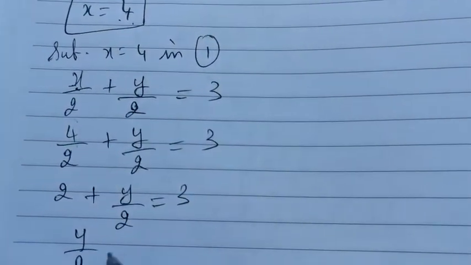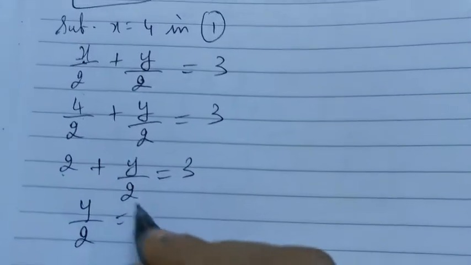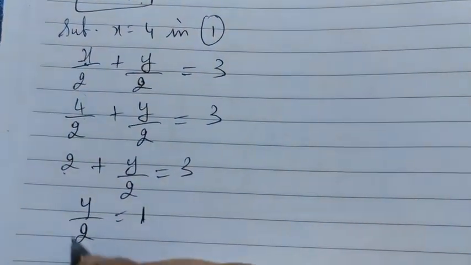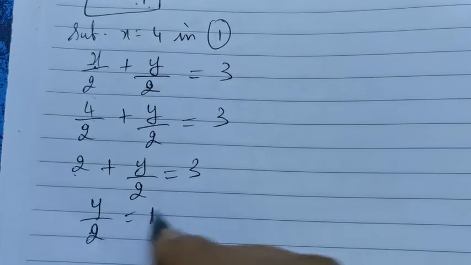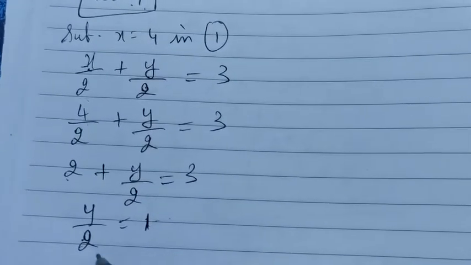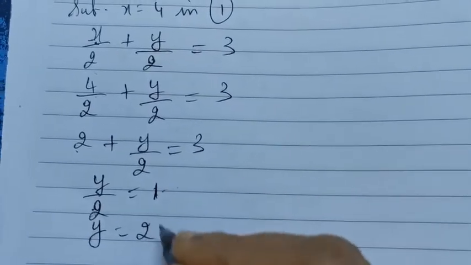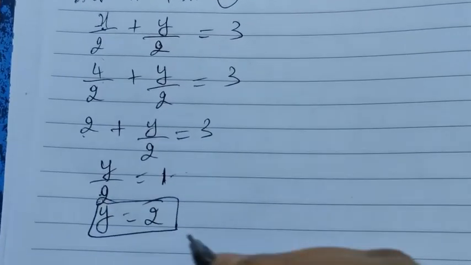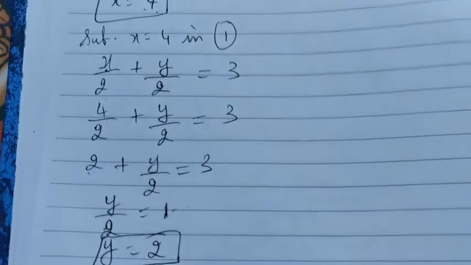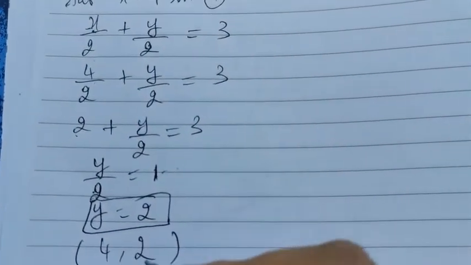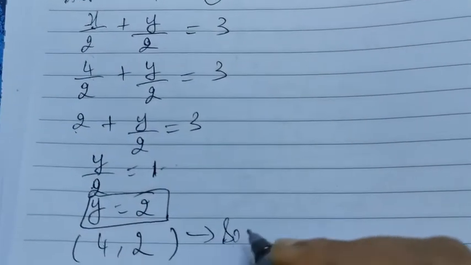Now y by 2 is equal to 3 minus 2, which is 1. When 2 goes to the other side, division becomes multiplication. So y is equal to 2 into 1, which is 2. Therefore the value of y is 2. Our solution x comma y is 4 comma 2.